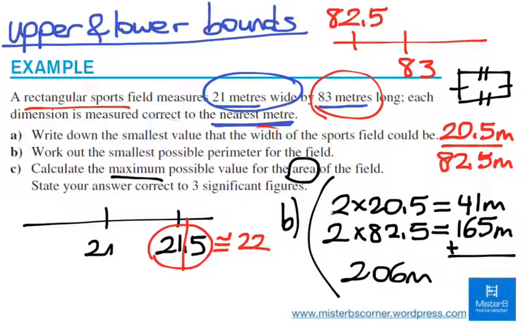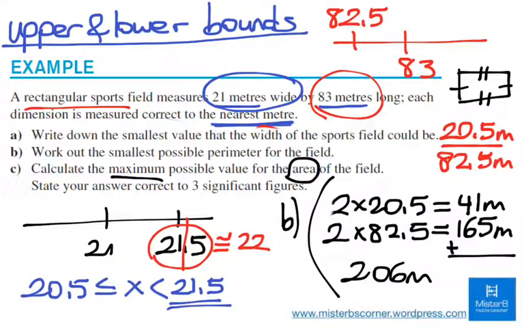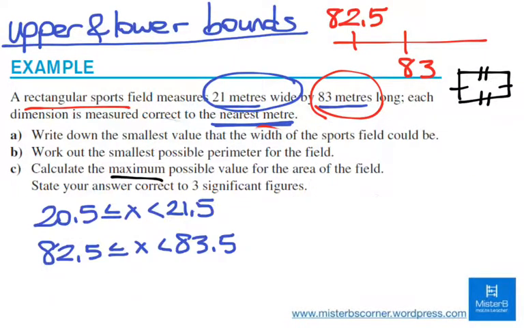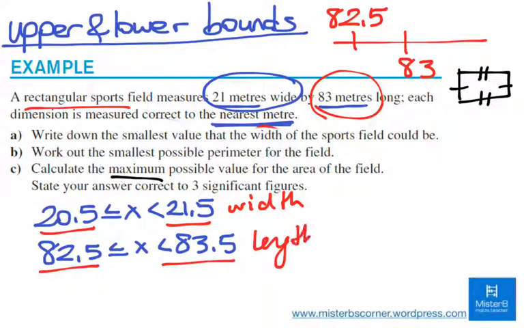So basically, the upper and lower bound in that inequality will be like this, right? I can't include it because it rounds up to 22. Still, I can use this number. So what's going to happen is, as these are the lower and upper bounds for the width, right? And these are the lower and upper bounds for length.